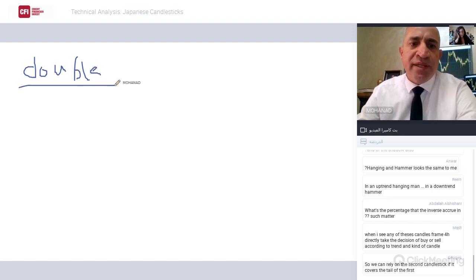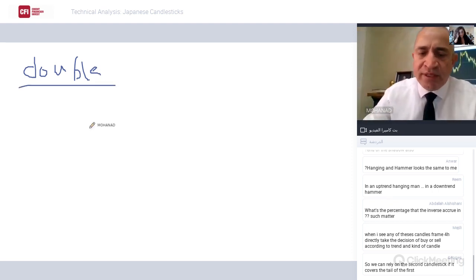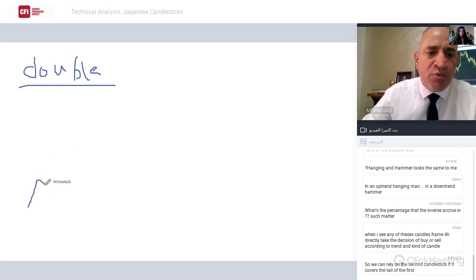Is the double candlestick. We have four main types. The first one, while moving in an uptrend, I have a white candle, and in the middle of the white candlestick, I have a black one.